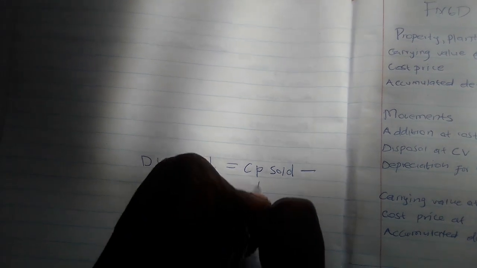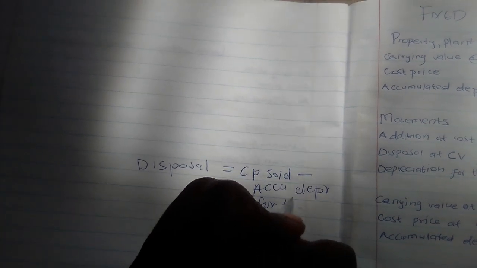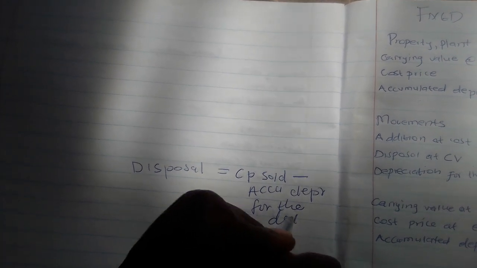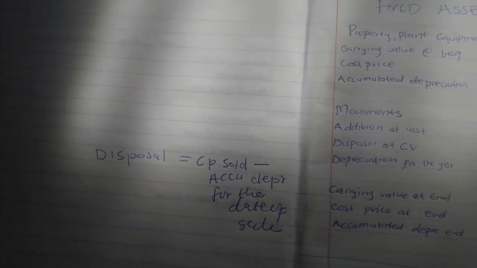This one is the disposal. You take the cost price of the asset sold and less accumulated depreciation for the date of sale, and you will get disposal at carrying value.